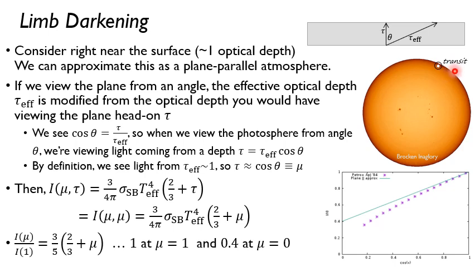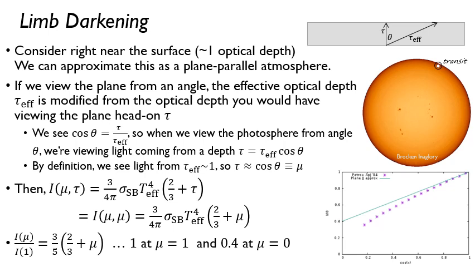That is how you can measure this limb darkening, and that is also one way that you investigate the atmospheres of both host stars and planets, using these transit events.